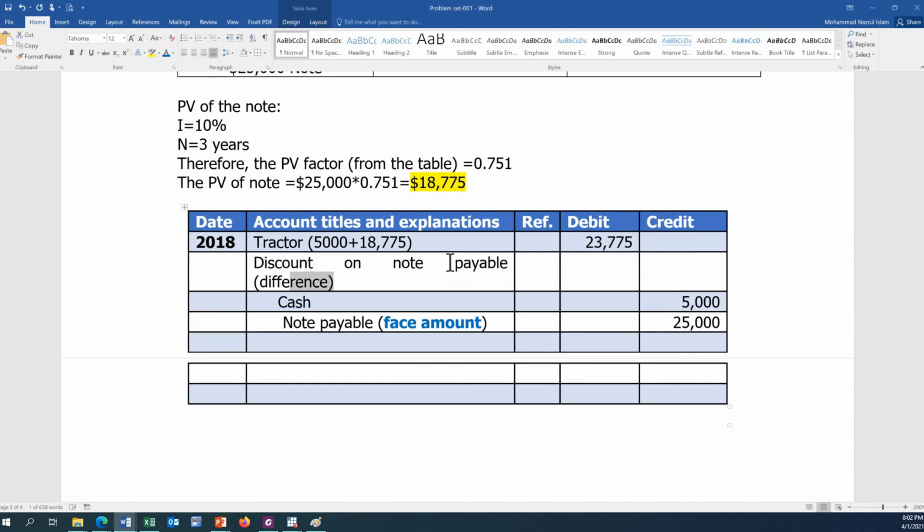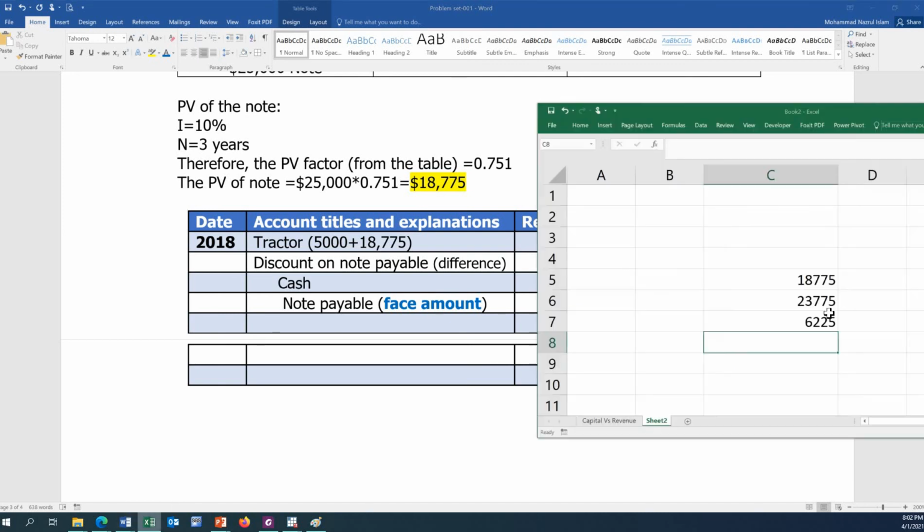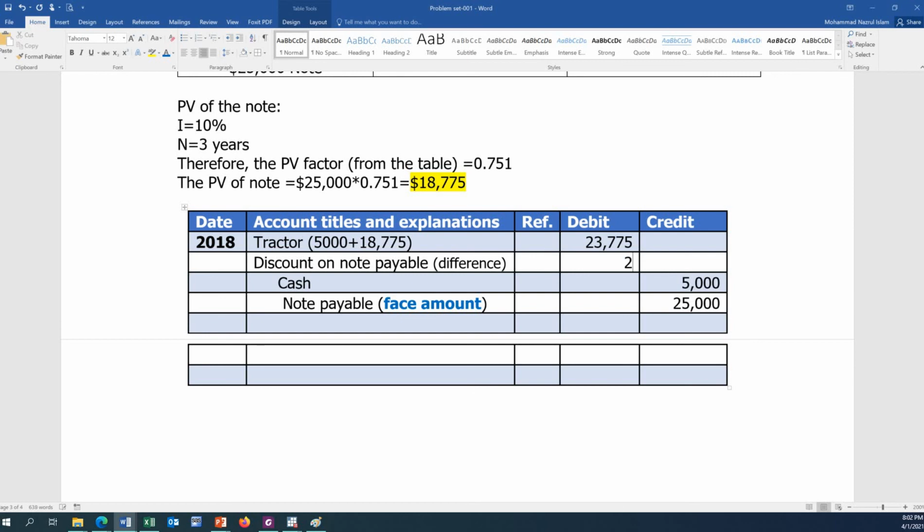So the difference between these two is going to be 6,225, correct? And okay, record the purchase of tractor.